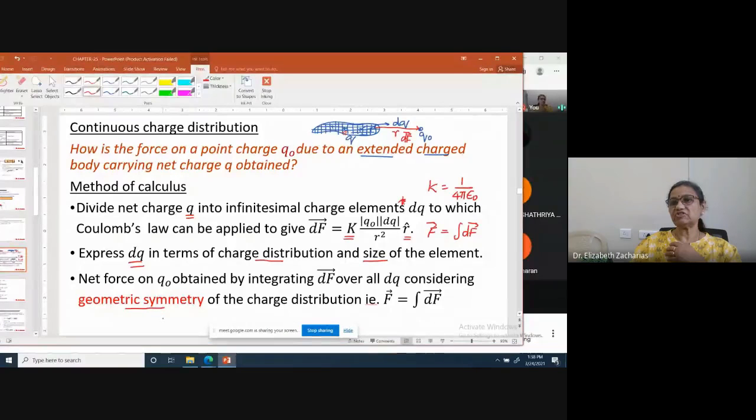If there is a geometric symmetry, certain components of the forces can get cancelled out and it will be easy for me to do the integration. So in this chapter we will take specifically 3 charge distributions which have some symmetry and then see how to apply this method of calculus.